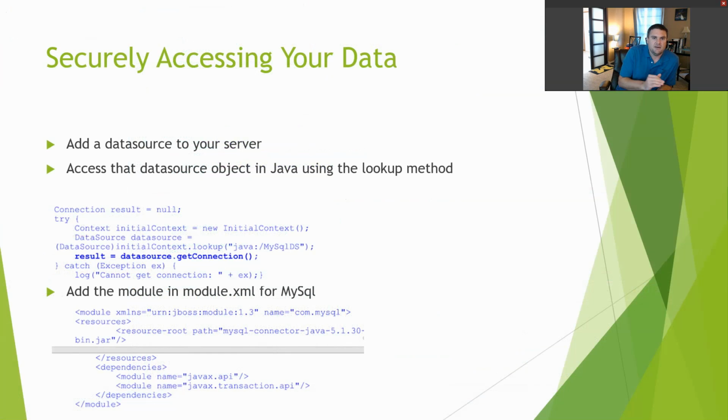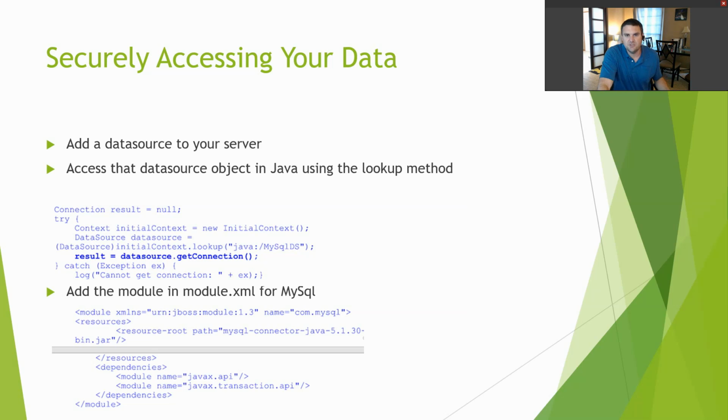Okay, the idea behind setting up your data sources, as I was saying earlier, is essentially you want to have your data sources in one place, because if you have 100 applications, let's say, and they're all using the same username and password, well, that username and password changes or the password expires.